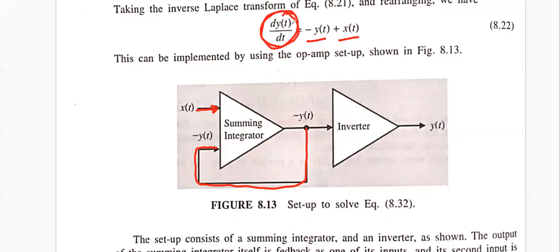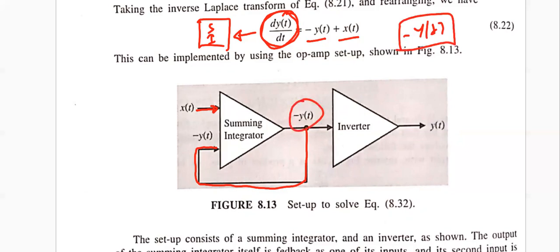Now if that is passed through an integrator circuit, what will it produce? So the integrator gives y(t), and there will be a negative value, so it will give a minus y(t).